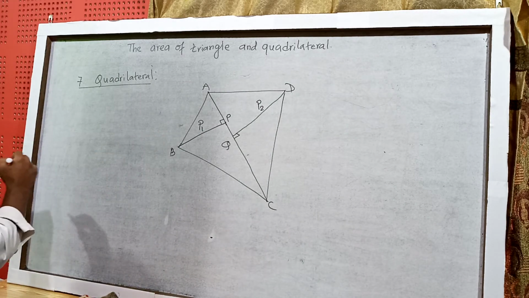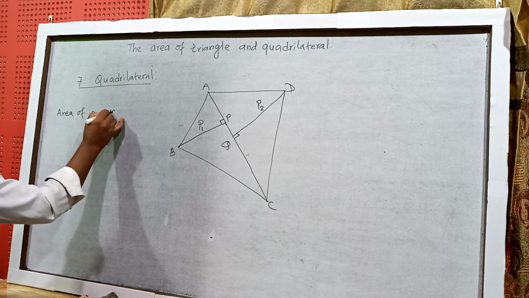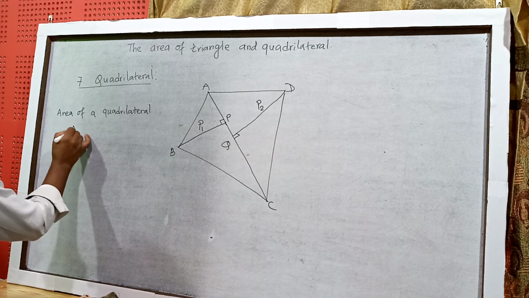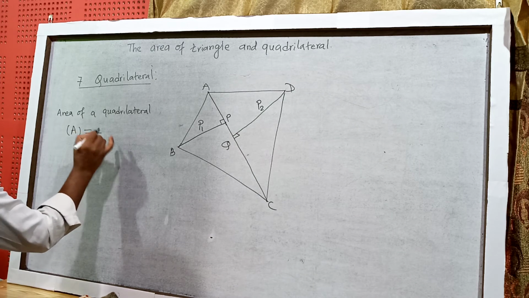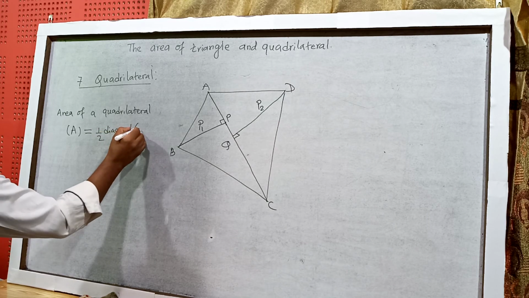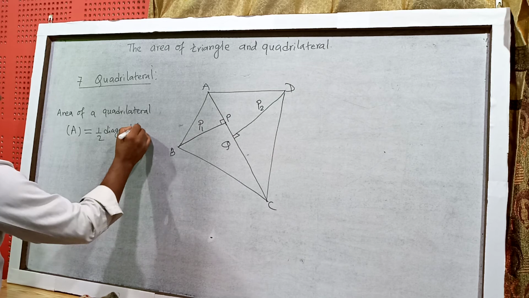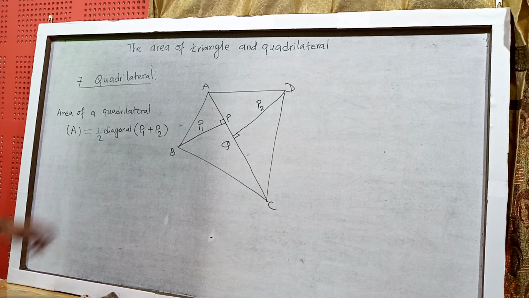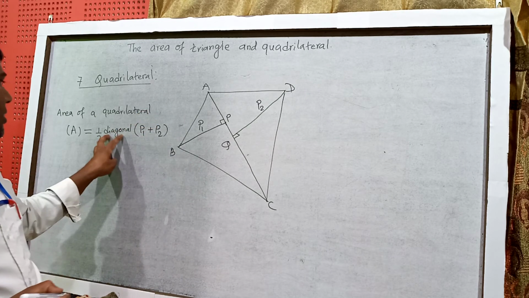Then the area of a quadrilateral A equals 1 by 2 diagonal into sum of perpendiculars drawn from the other two vertices to the diagonal. It means P1 plus P2.